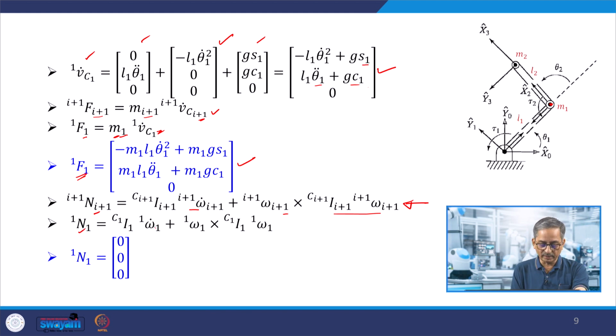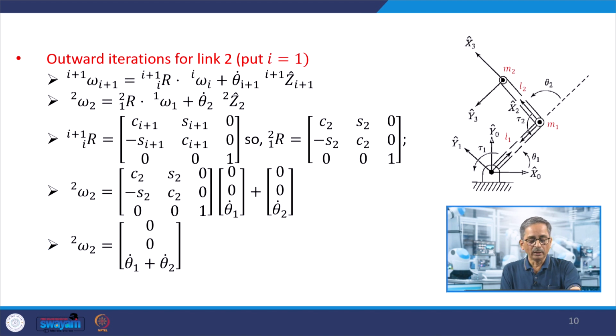So, N1 1, and this is your omega 1 derivative I1 expressed in terms of C1 frame, here you have omega 1 and here you have I1 expressed in terms of C1 frame, and here this is omega 1 I1. And you see this term we have already assumed to be 0, this term we have already assumed to be 0. So, essentially what we are getting is all moment components in the xyz direction, that we are going to get 0 here. So, that was the outward iteration for the link 1.